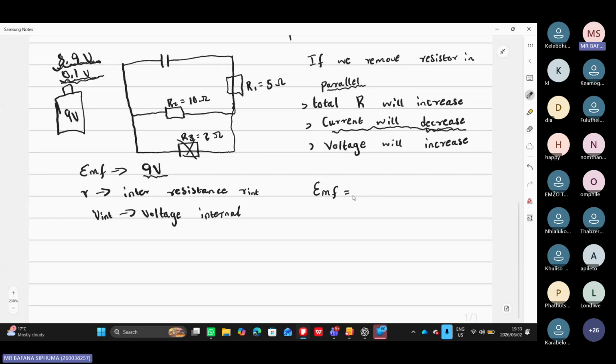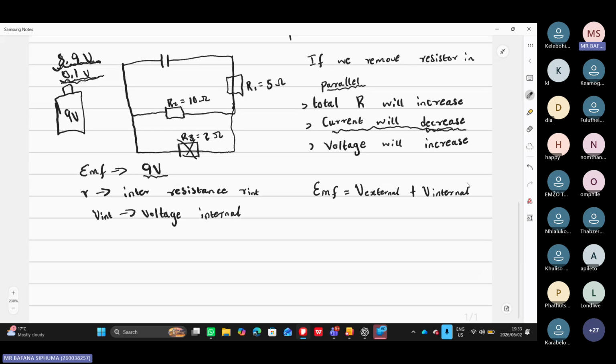It means I can say EMF is made by V external, the one that is provided, we call it the external voltage. But the one that is stolen, we call it the V internal.